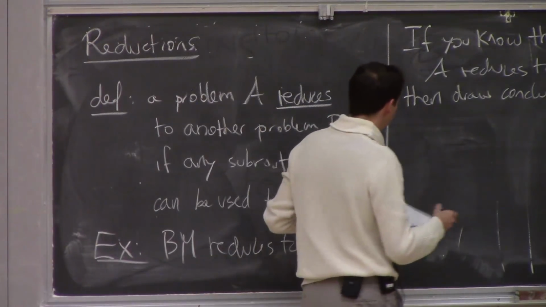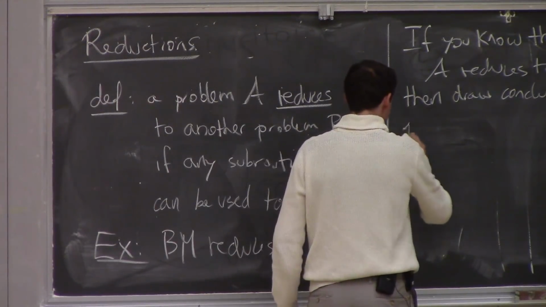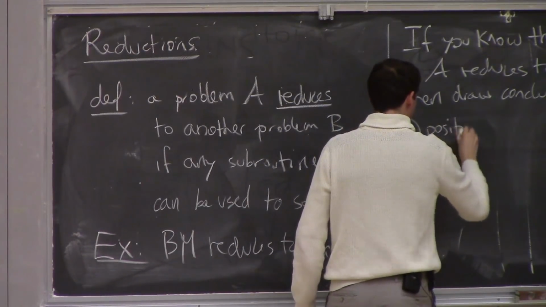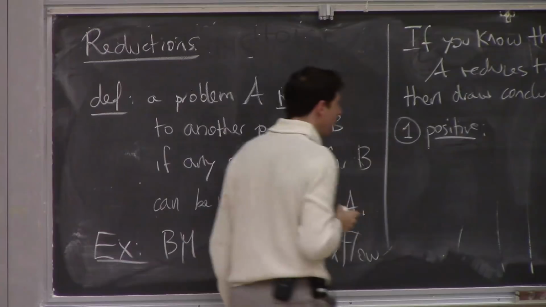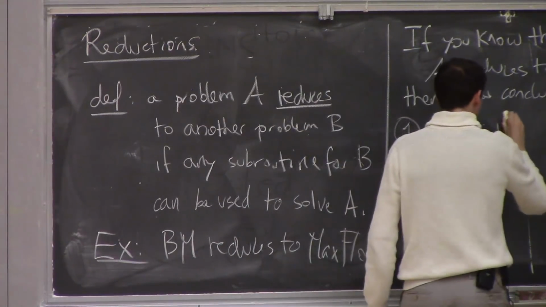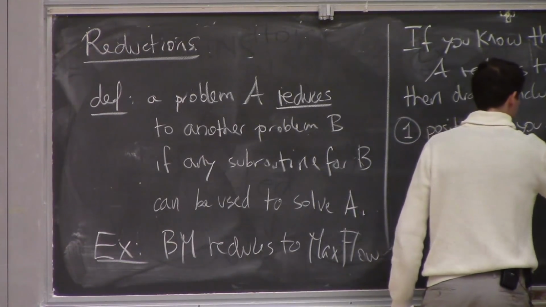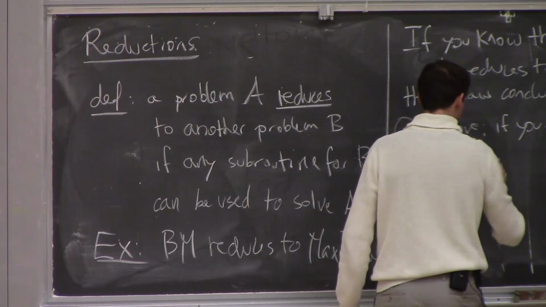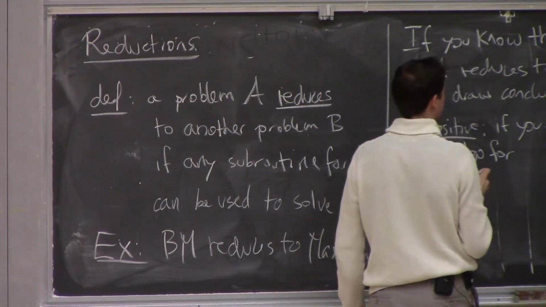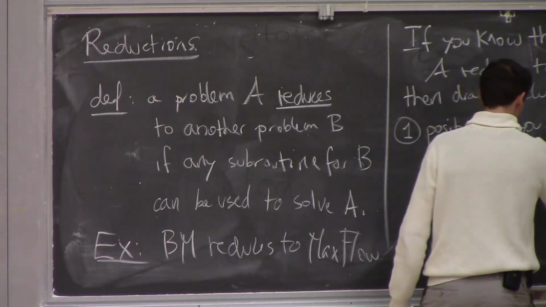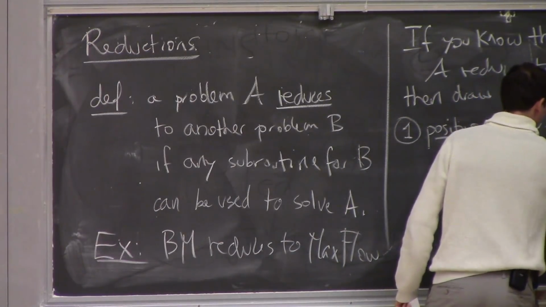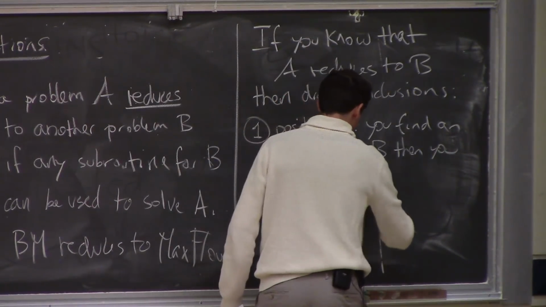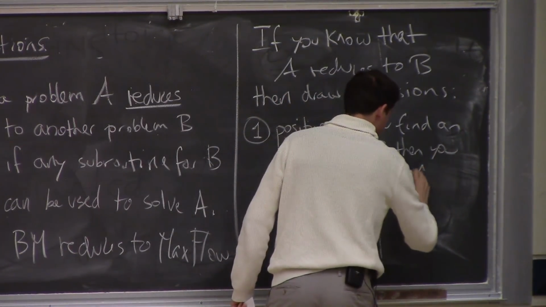Now, the first kind of straightforward conclusion is kind of a positive conclusion that says that if you find an algorithm for B, then you have an algorithm for A, right?